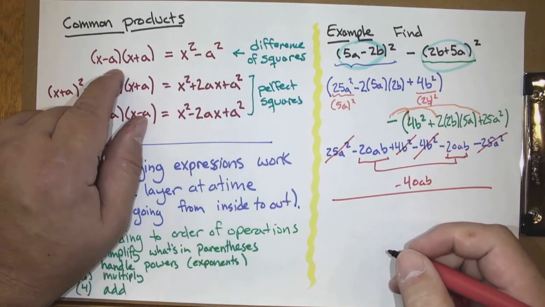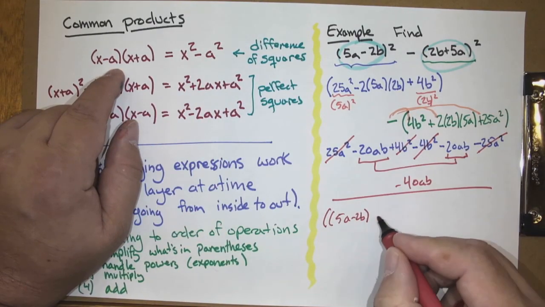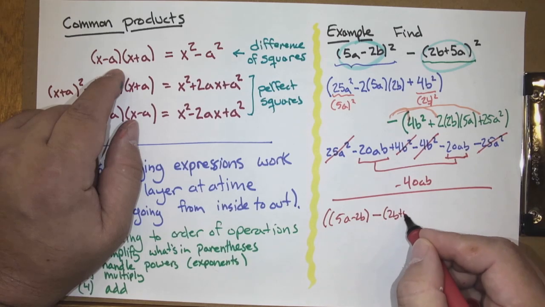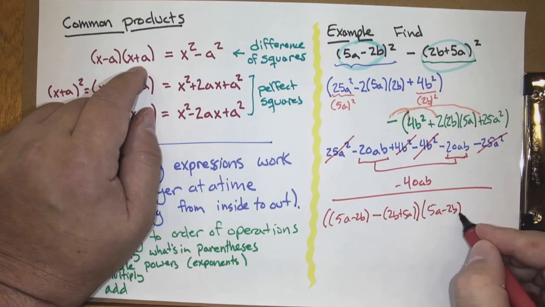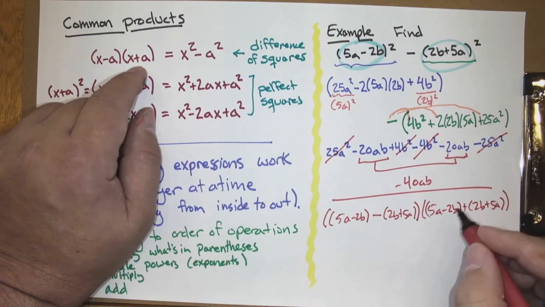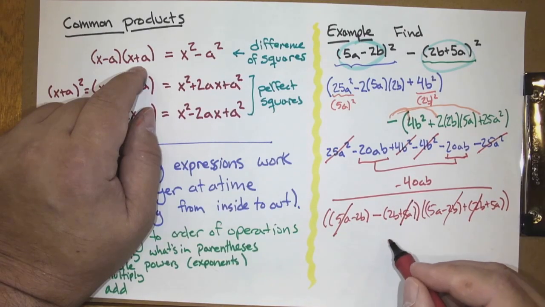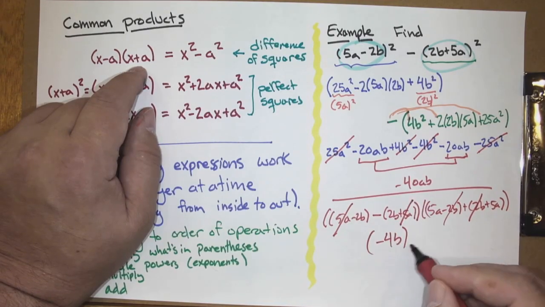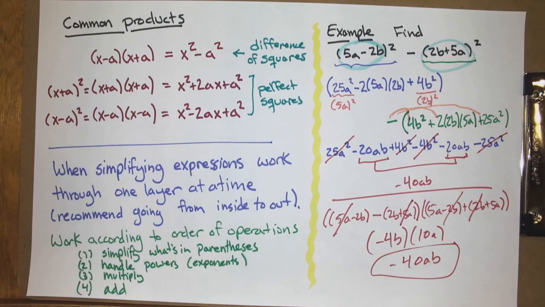So we could have gone backwards and said, this is 5a minus 2b, subtract 2b plus 5a, times 5a minus 2b plus 2b plus 5a. And if we do that, the 2b's cancel here, the 5a's cancel here, so you get minus 4b times 10a, which is minus 40ab. So you will always get the same answer because math is consistent.